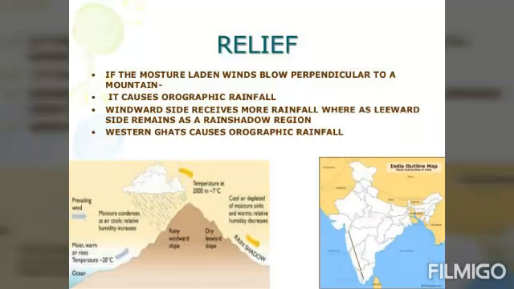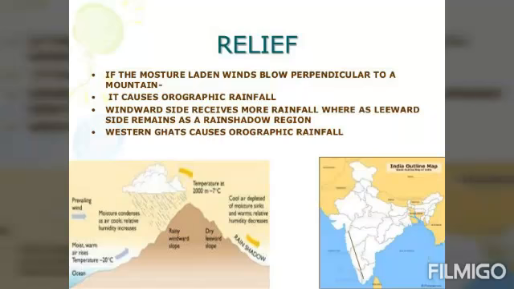The Deccan Plateau gets less rainfall and it lies in the rain shadow area of the Western Ghats. In Rajasthan, the Aravalli range is parallel to the direction of the southwest monsoon winds, so it is unable to stop the moisture-laden winds. This makes Rajasthan a dry area. The southern hills of Assam get heavy rainfall, but the northern ones do not.